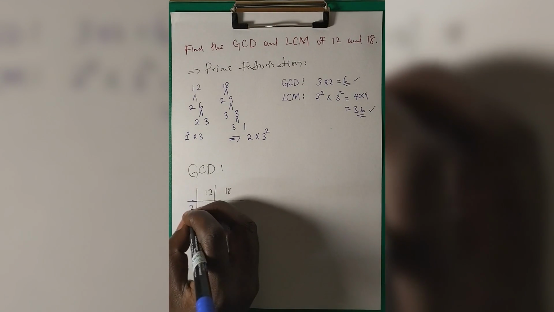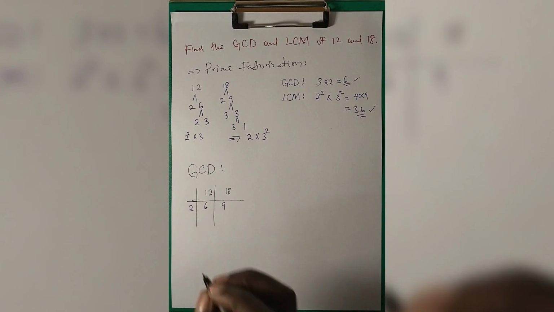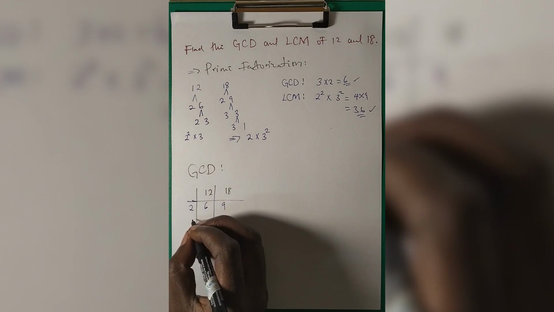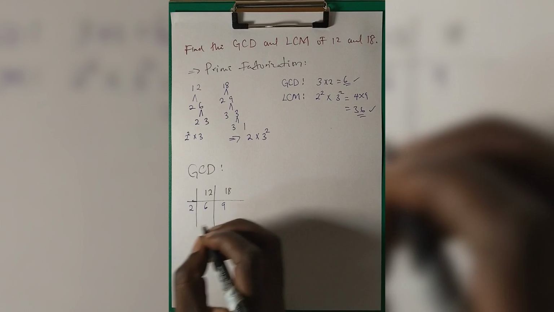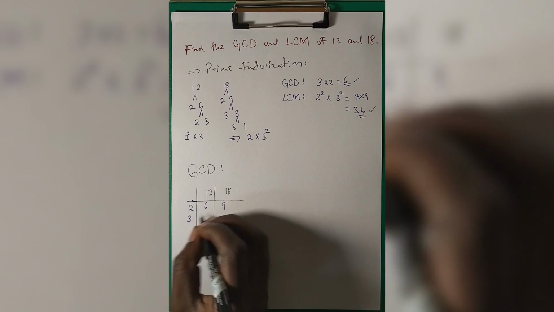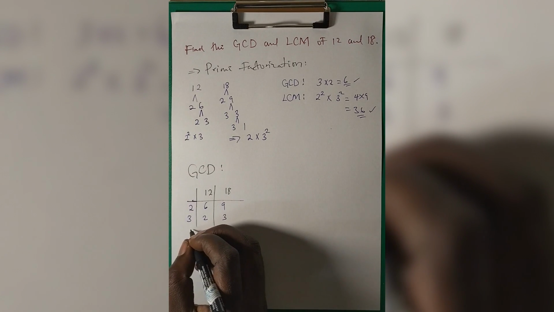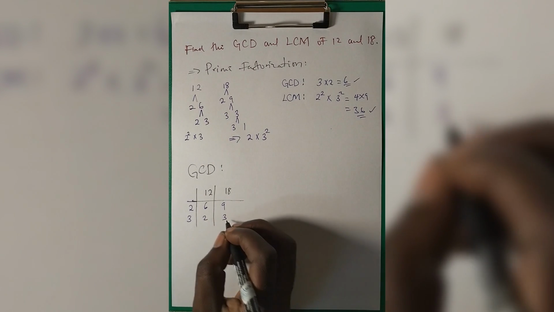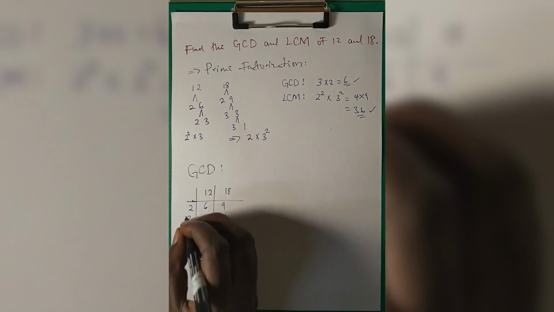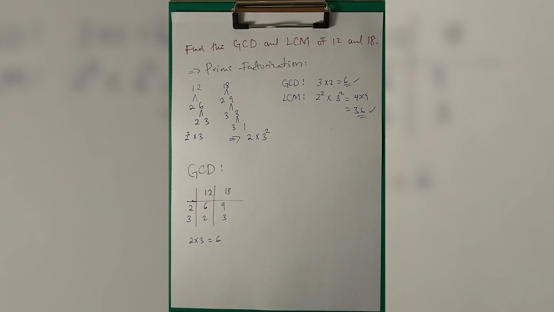The first common divisor is 2, which gives 6 and 9. The second common divisor is not 2, because 2 cannot divide 9. So the second common divisor is 3, which gives 2 and 3. From here, we don't have any common divisor that can divide 2 and 3 at the same time. So our GCD is 2 times 3, which is 6.